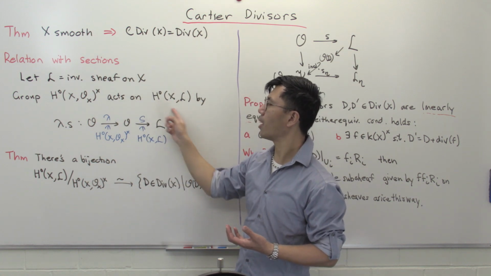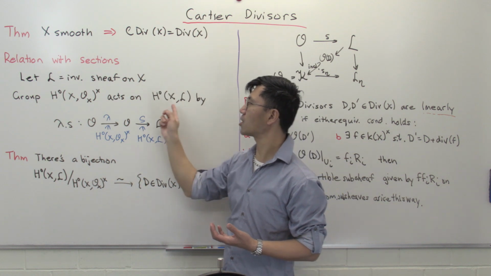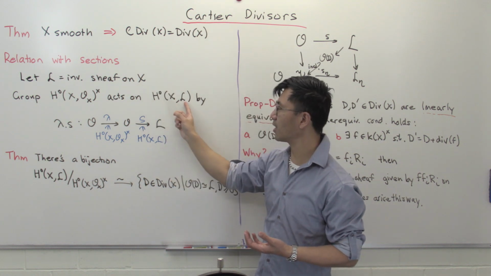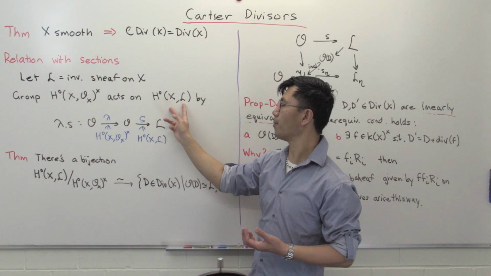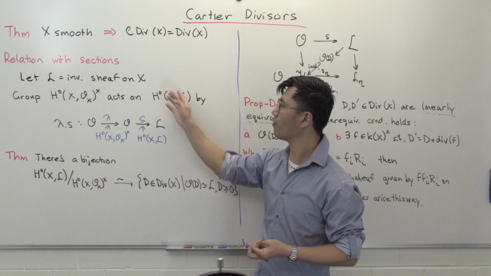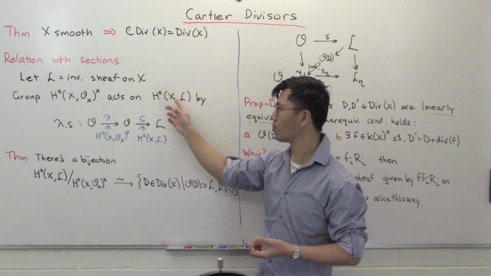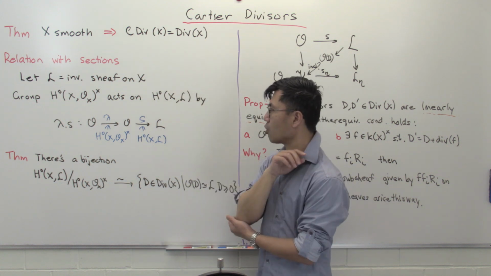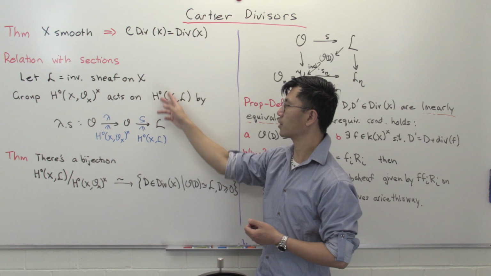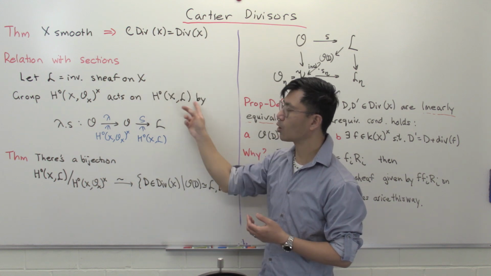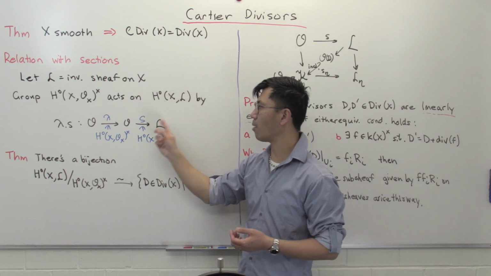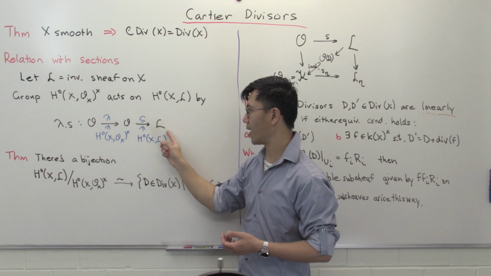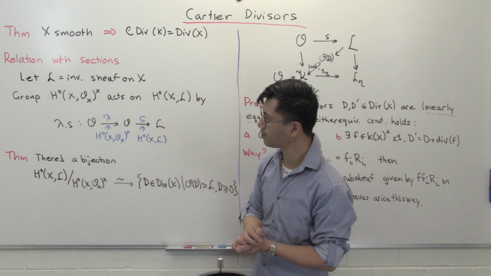Remember, if you have the global sections, there are lots of ways to look at that. Basically, these are the sections over the whole of X. This is a sheaf, so in particular, on each open set it gives you an abelian group. But we can also think of them as sheaf homomorphisms from O to that L. So suppose you have some s like this.